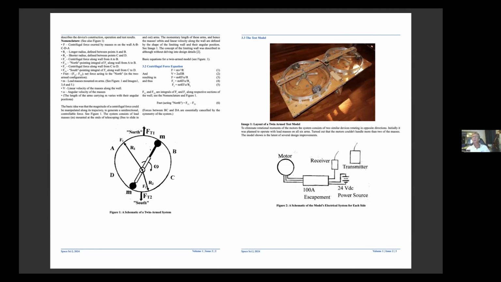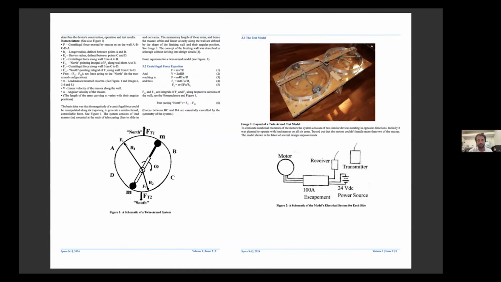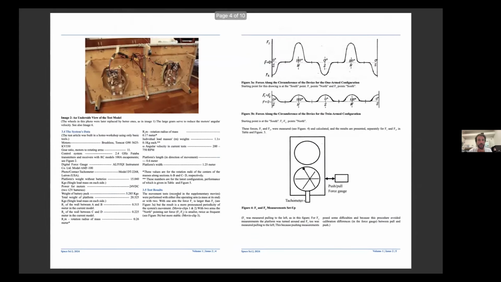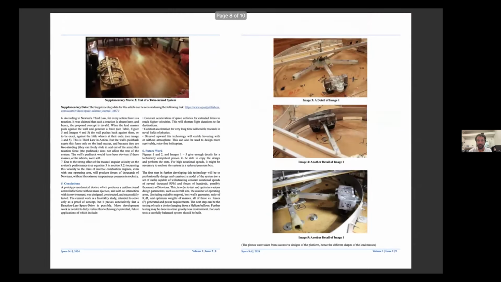But the reason why he ended up going with just 2 masses is his motor, which was his limiting factor, was not strong enough to rotate 4 masses and overcome the friction from the rollers. But essentially, all he's doing is rotating masses around so that it rotates faster on one side and slower on the other. In your case, your actual moving mass that creates any thrust is the magnet itself.